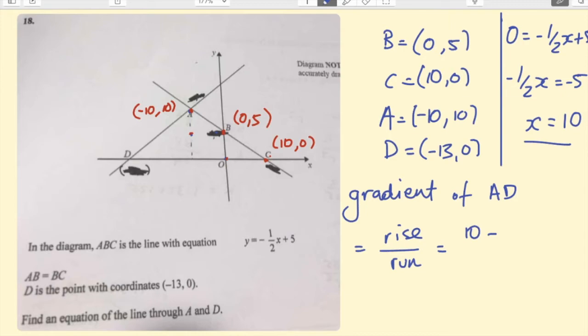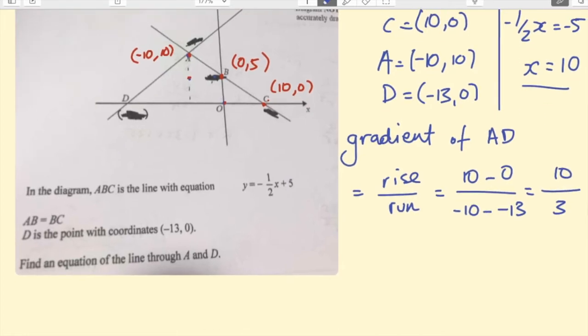So y2 is 10 and y1 is 0, so 10 minus 0 on the top, and the run will be minus 10 minus 13. On the top line we get 10, and on the bottom line we get minus 10 plus 13, so that will be 3.